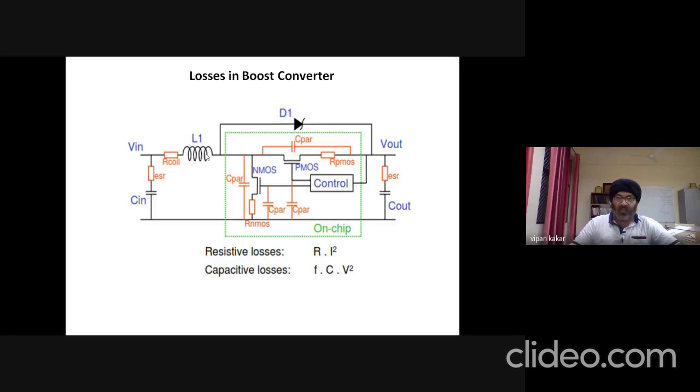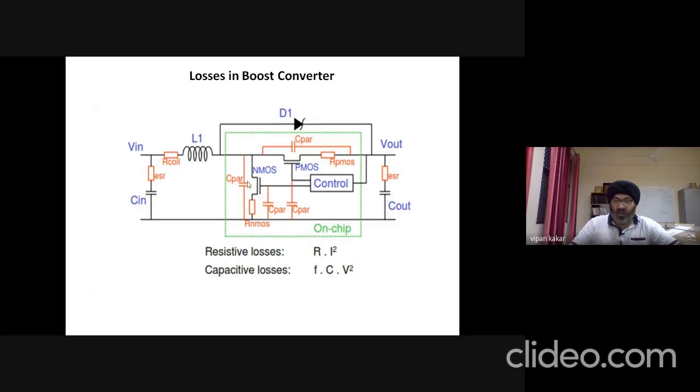The rest of the components are there, but we assumed all these components as ideal components in the previous analysis. Practically, the inductance has its own resistance, which is R coil. The input capacitance also has its own resistance, the electrostatic resistance, but we assumed all components as ideal, so we have not considered these internal parameters.